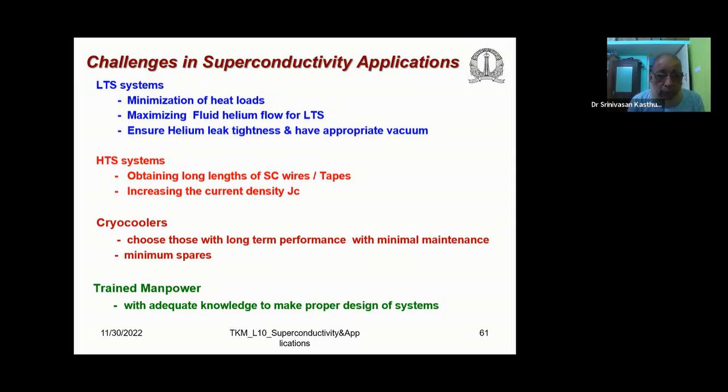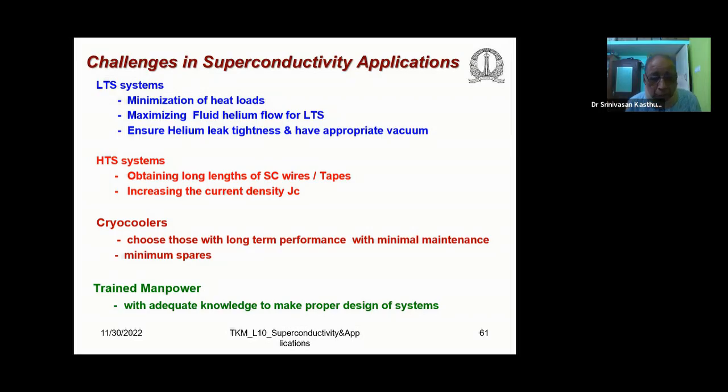In the case of high temperature superconducting systems, people are now looking forward to long lengths of superconducting wire, several hundred kilometers in length. And as you also know, the high temperature superconductor has one important disadvantage, namely it is anisotropic in nature.